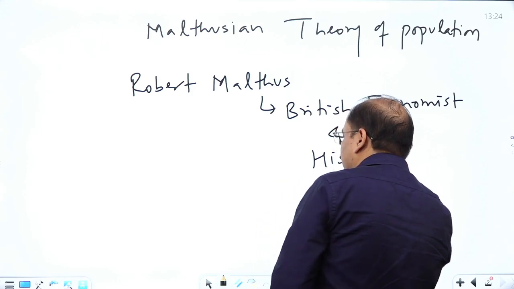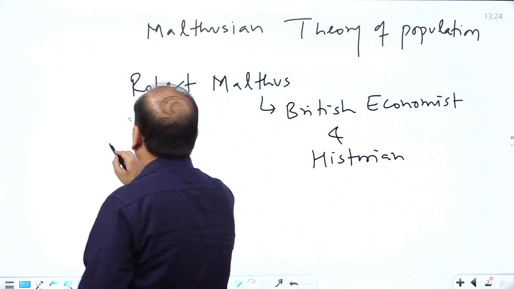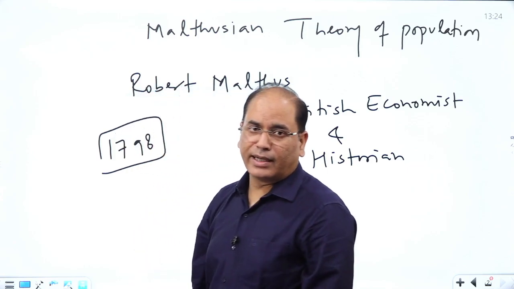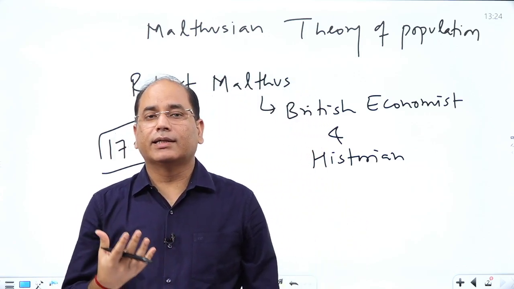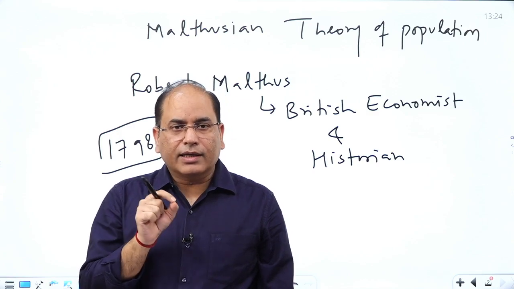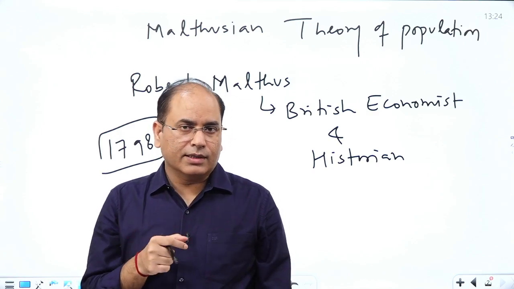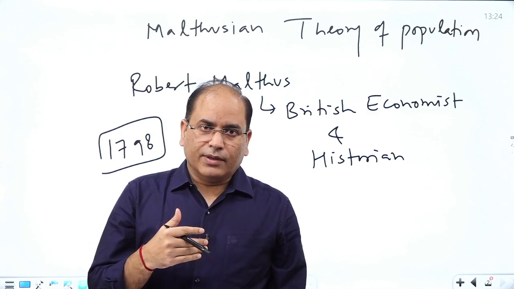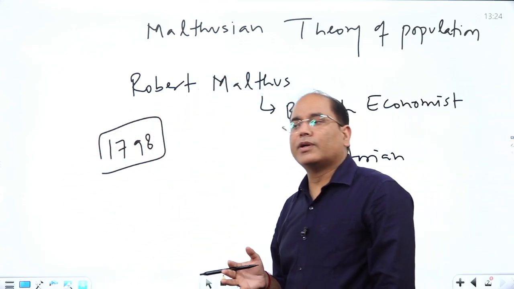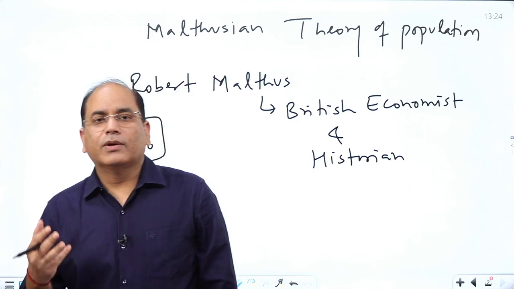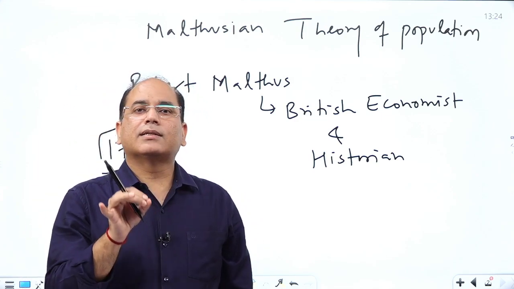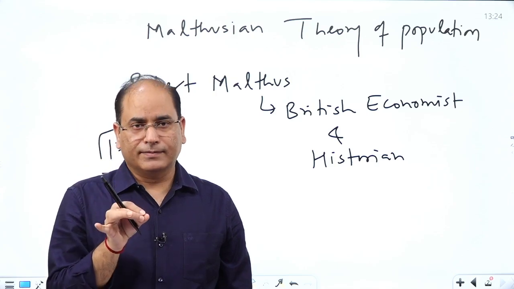And he propagated his idea, his concept, in 1798. So in 1798, he propagated his idea related to the population. He is regarded the pioneer in this field of population demography, because before Malthus, there have been different proponents who talked about the population or the demography, because earlier population was being considered as a part of the economy only.